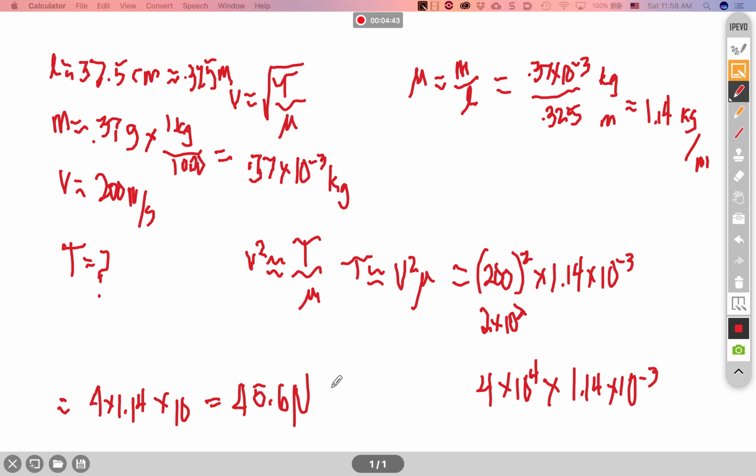And if you remember, a newton is about 1/4 of a pound. So that means that's about 12 pounds of tension. The answer is 45.6. We know that it's about 12 pounds, and that seems like a reasonable amount of tension for a violin string. We don't think that a violin string is going to snap with 12 pounds of tension.